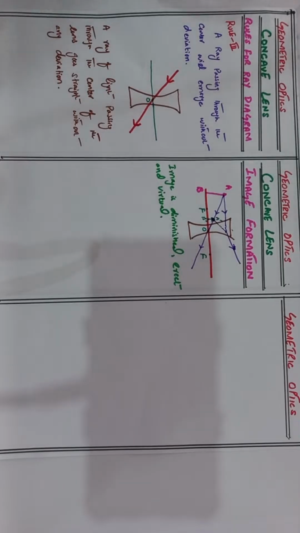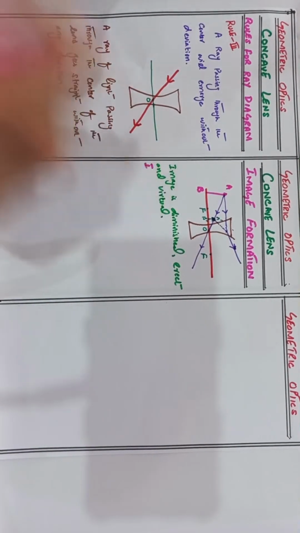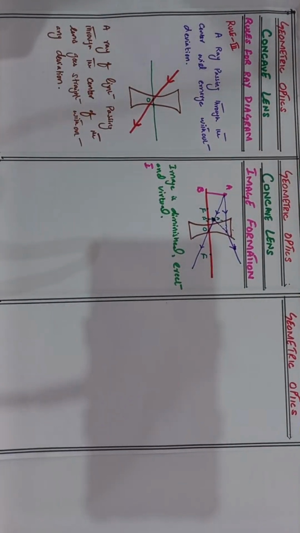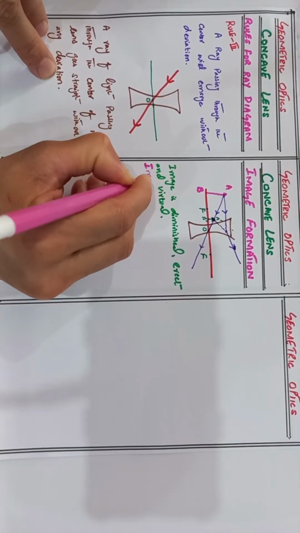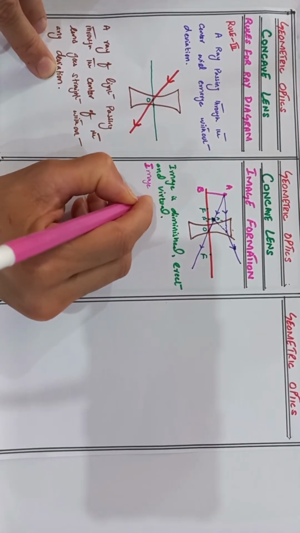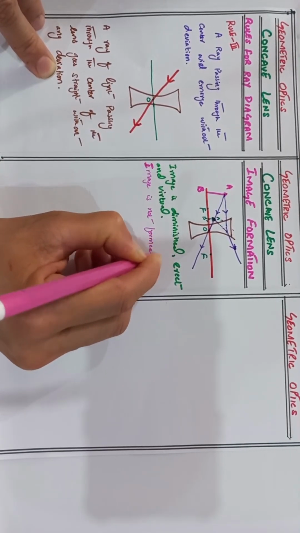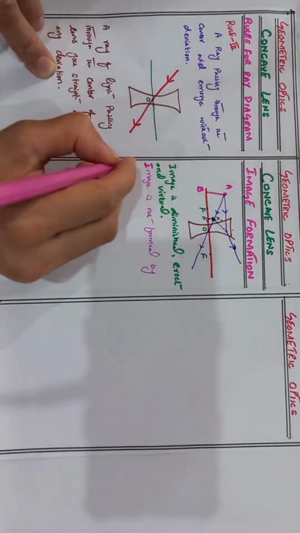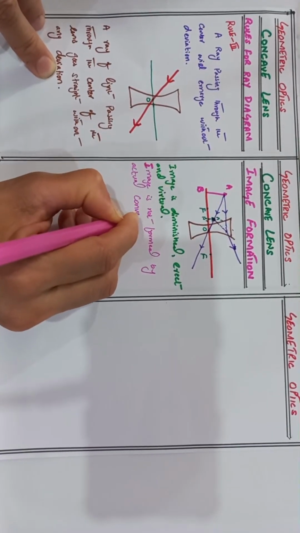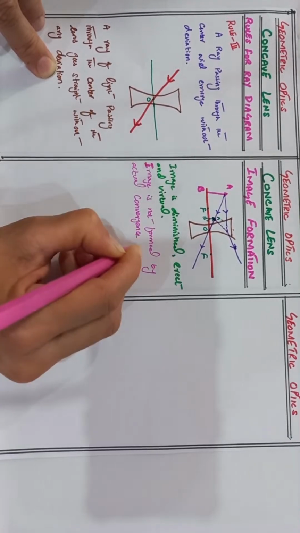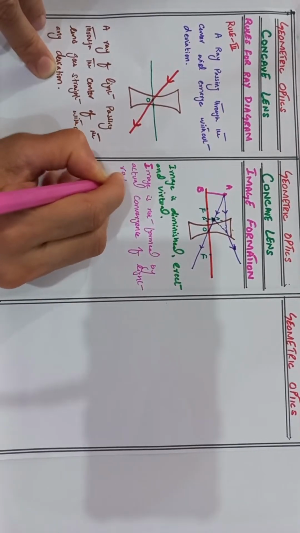The virtual image is not formed by actual convergence of light rays.